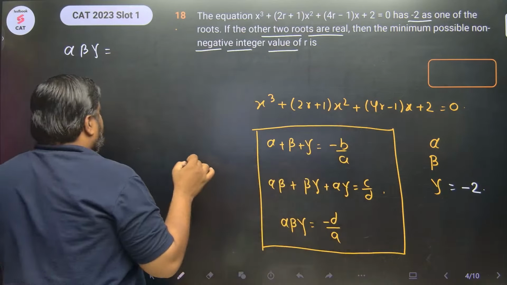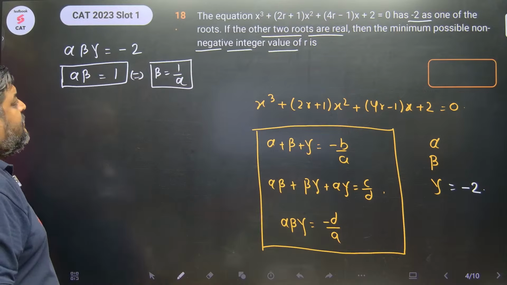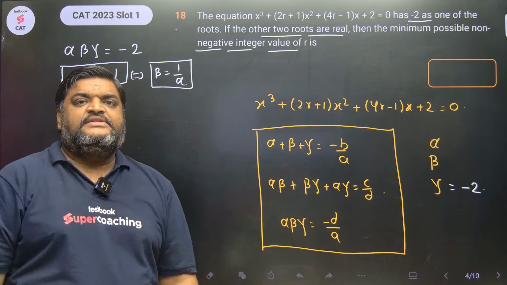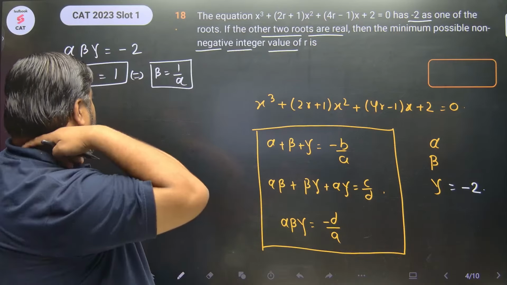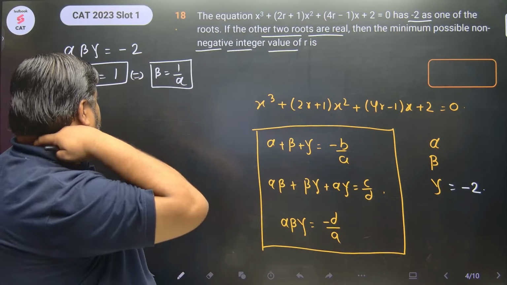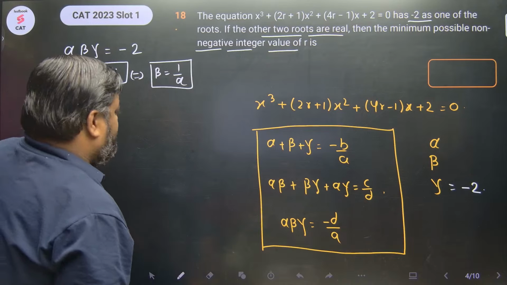From here we can deduce that beta is 1 by alpha. Answer is 0, is it? Minimum possible non-negative integer 0.